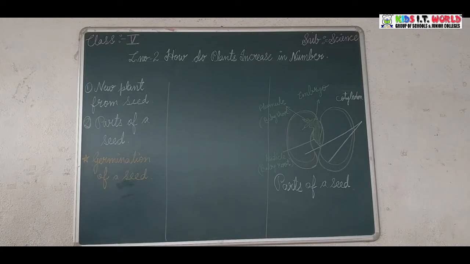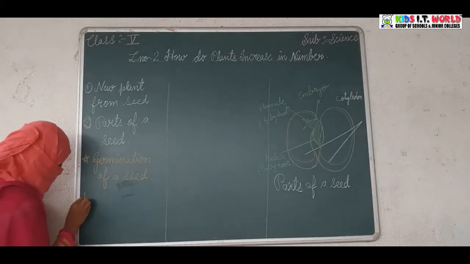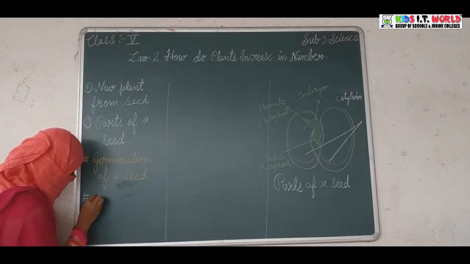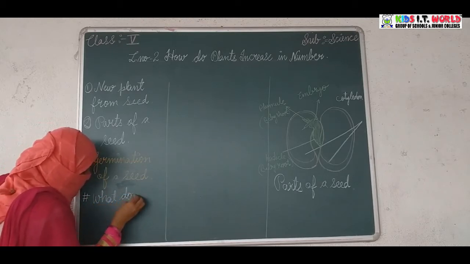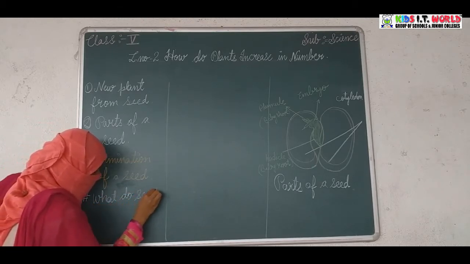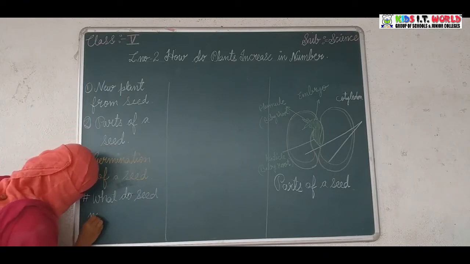The process by which a seed grows into a baby plant is called germination. The baby plant is called the seedling. What do seeds need to germinate?